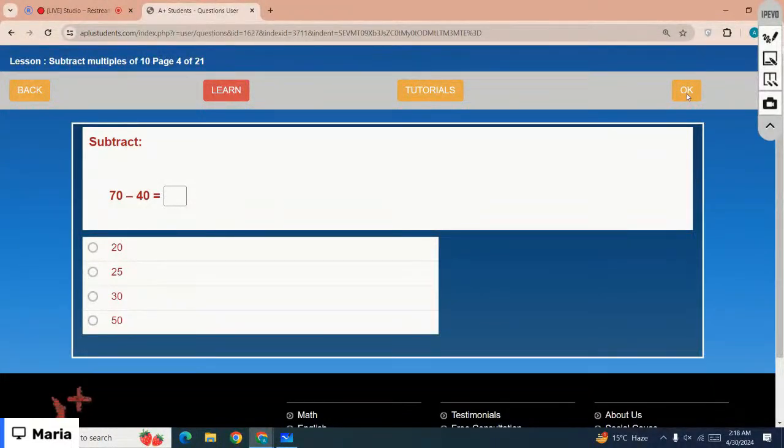The next one is 70 minus 40, which is the correct option.